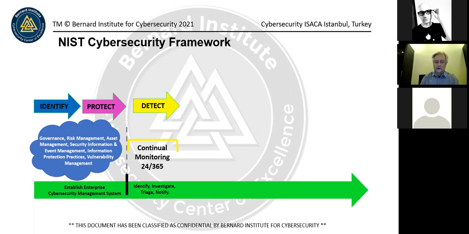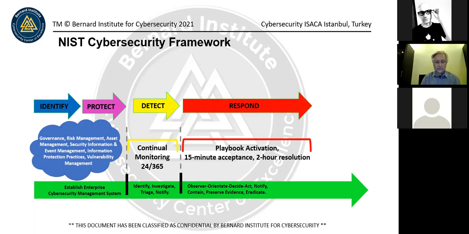Continual monitoring should be done 24 hours a day, 365 days of the year. And then if detect identifies any kind of anomaly or something that needs to be investigated, there needs to be some kind of a response. So playbook activation needs to go from the cradle to the grave when it comes to an incident.